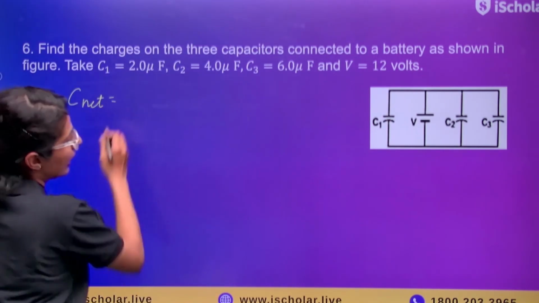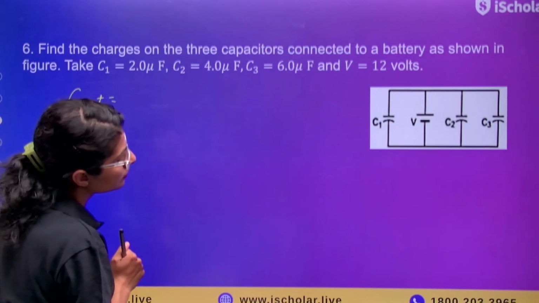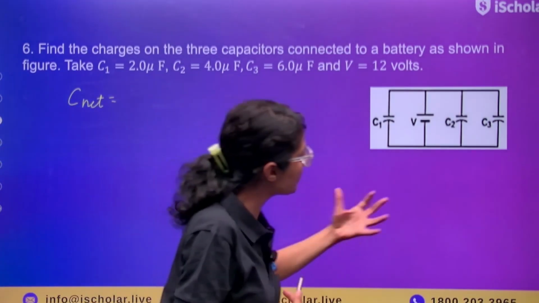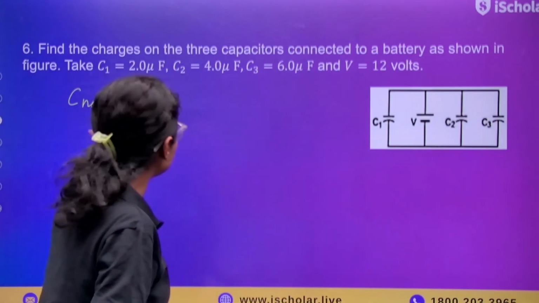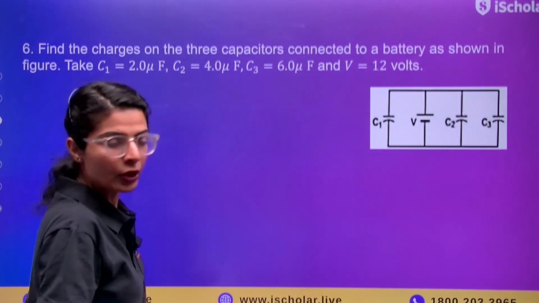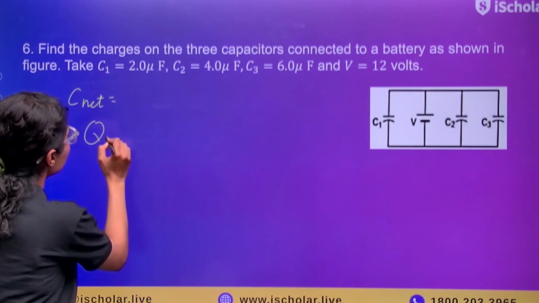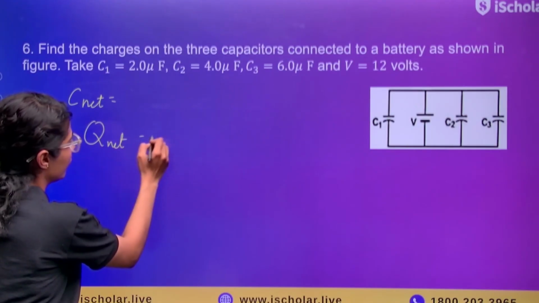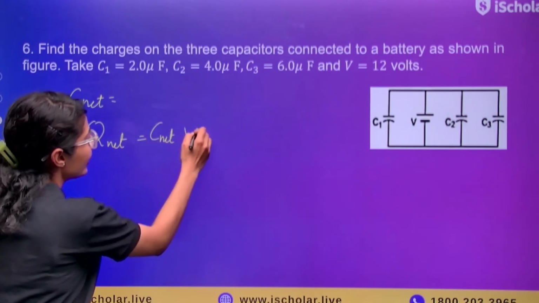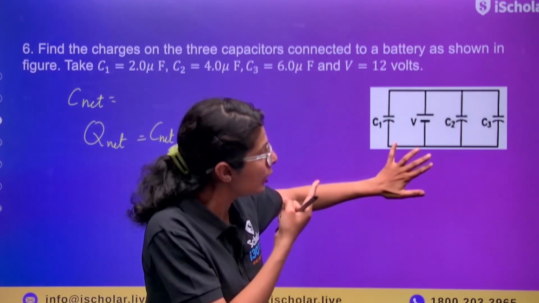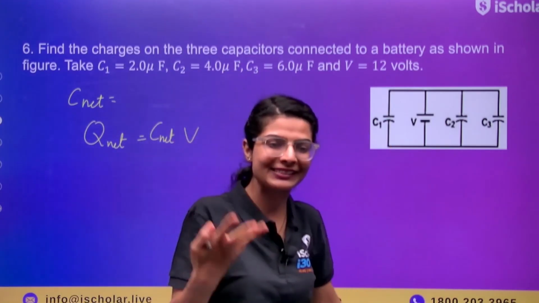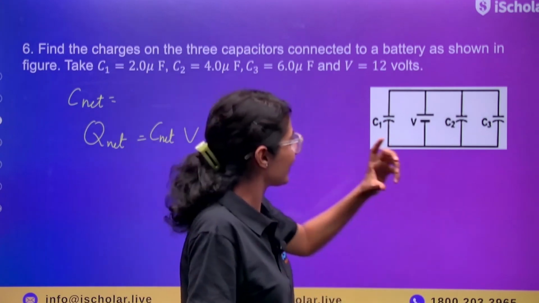Or it is very simple also. See, if such a problem comes, you can calculate the total capacitance. From here you can calculate Q, the net total charge flowing, is equal to the total capacitance into potential. Now, if we look into this case, it is quite simple.